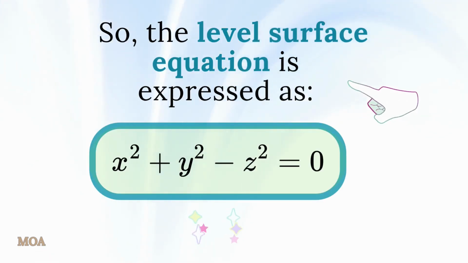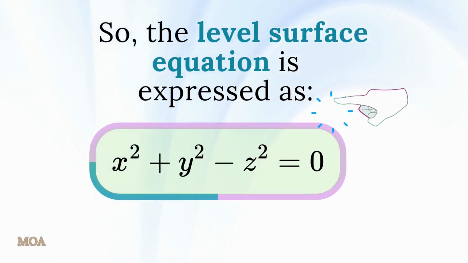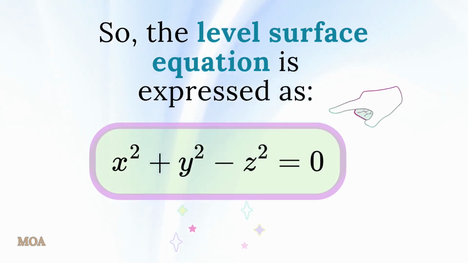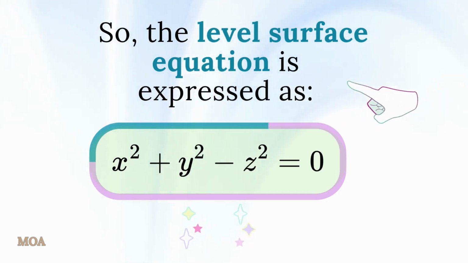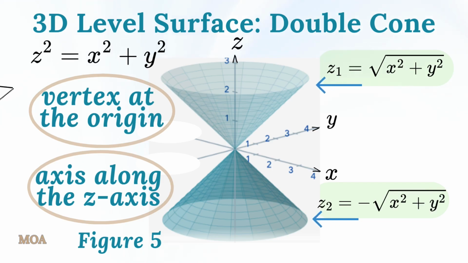So, the level surface equation is expressed as x squared plus y squared minus z squared equals 0. Now, to visualize the 3D level surface of the function x squared plus y squared minus z squared equals 0, we rewrite it as z squared equals x squared plus y squared.